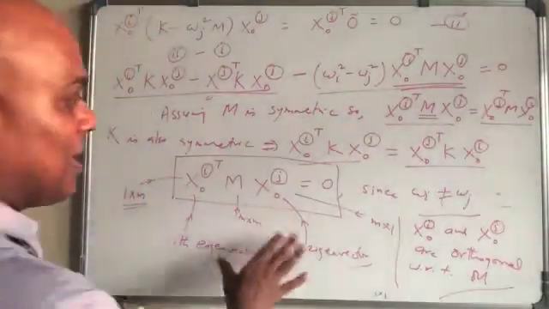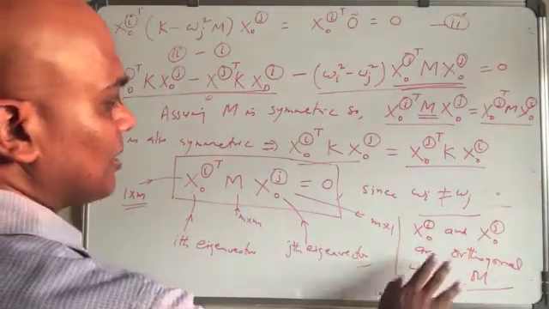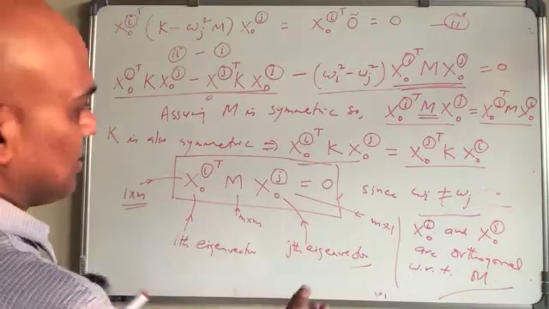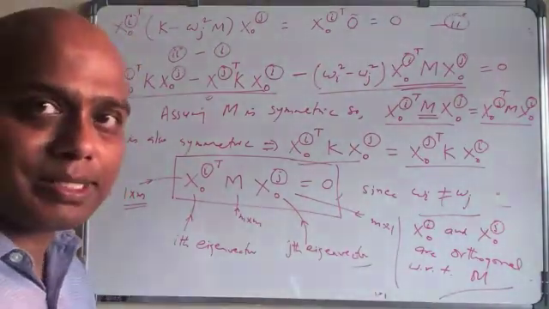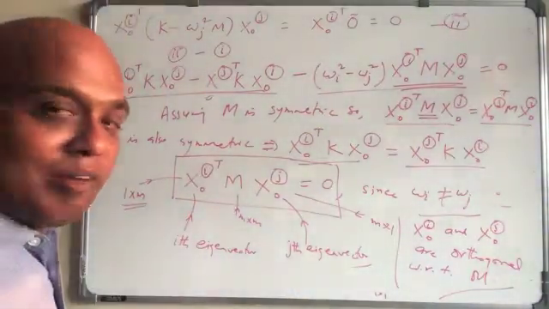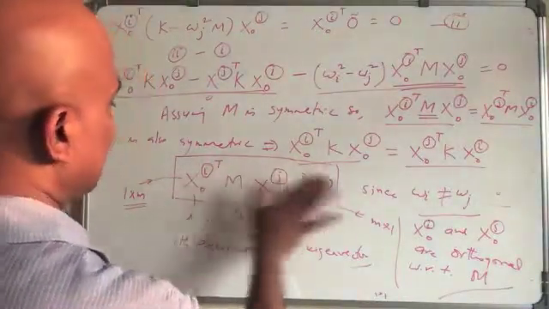Now, if the eigenvectors are orthogonal with respect to the mass matrix, can we say the same thing for the stiffness matrix? Yeah, and for that, this is important, right?